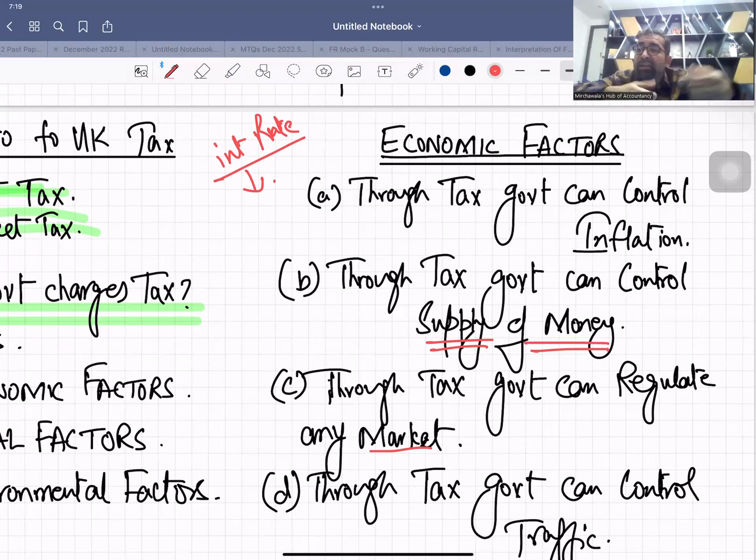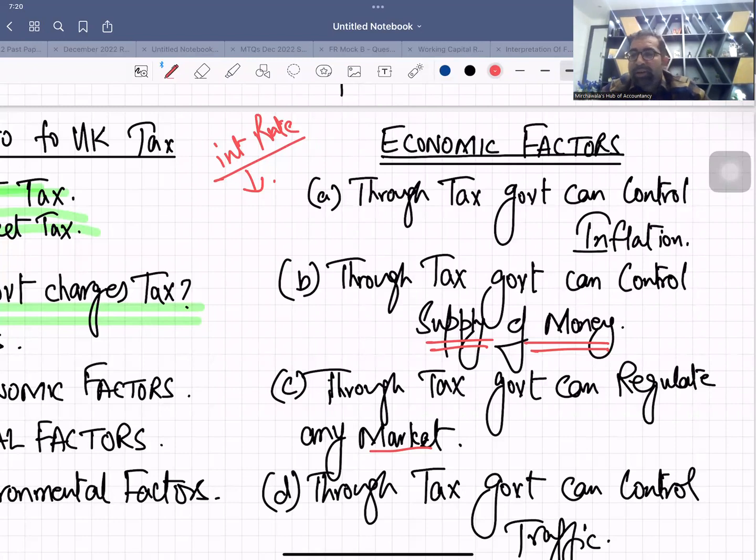So the money supply in the country increases, and people start buying more things. Automatically the aggregate demand goes up, because now there is a lot of money in the hands of people, because the interest rate has gone down. When people buy more, aggregate demand of the country will go up, so inflation may also go up.